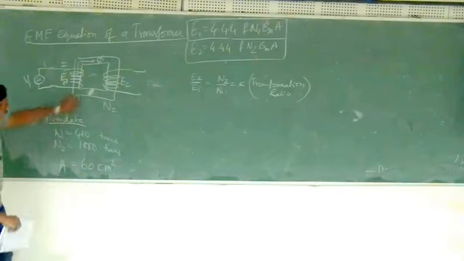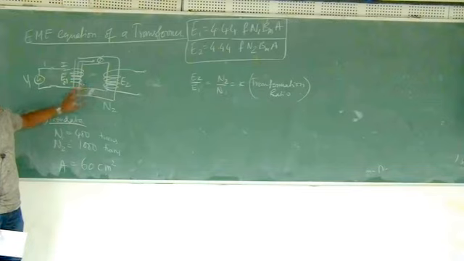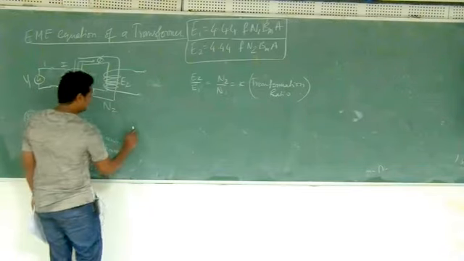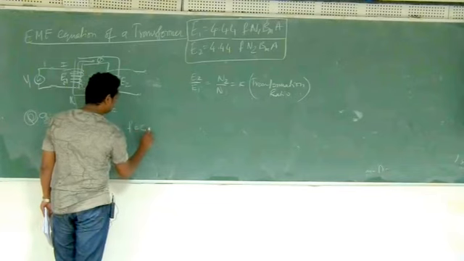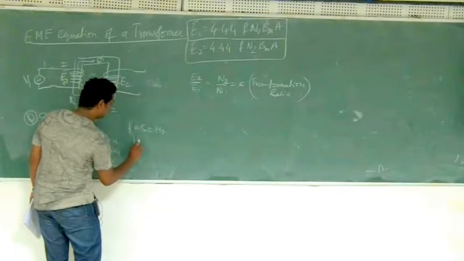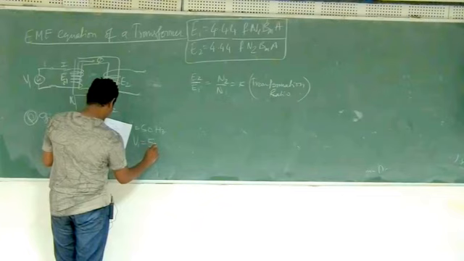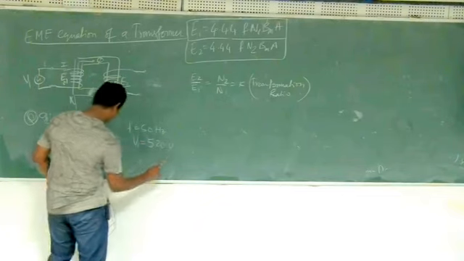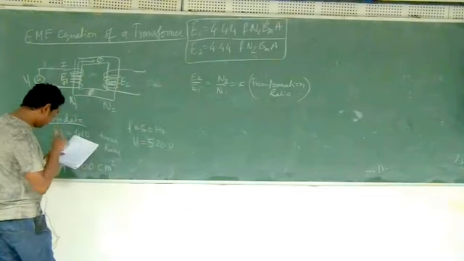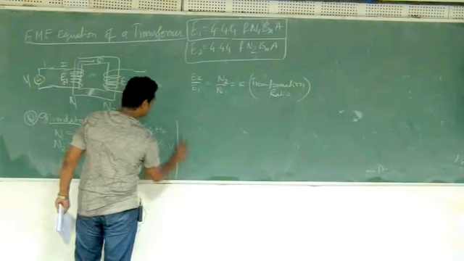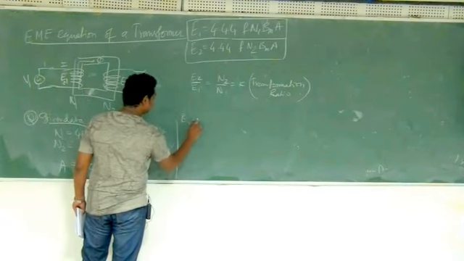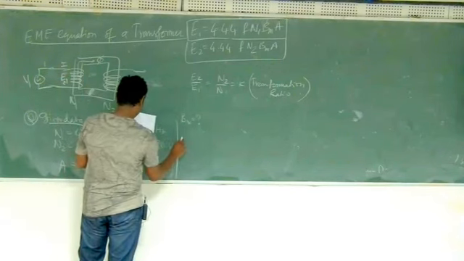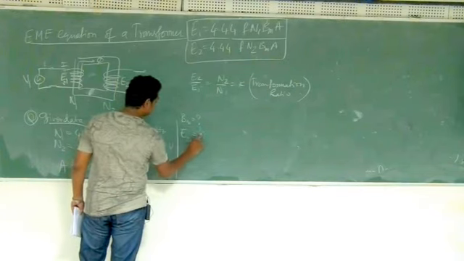That means the cross section area of this core is 60 square centimeters. And the supply frequency is 50 hertz, and V1 equal to 520 volts. Now the question is, what is the maximum flux density, and what is the induced EMF E2?